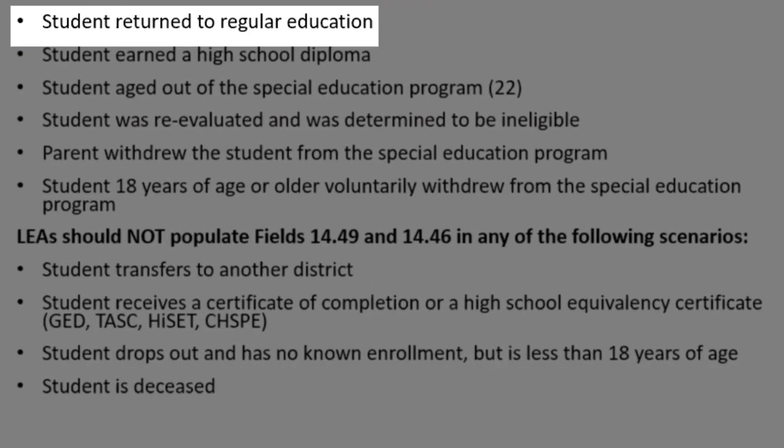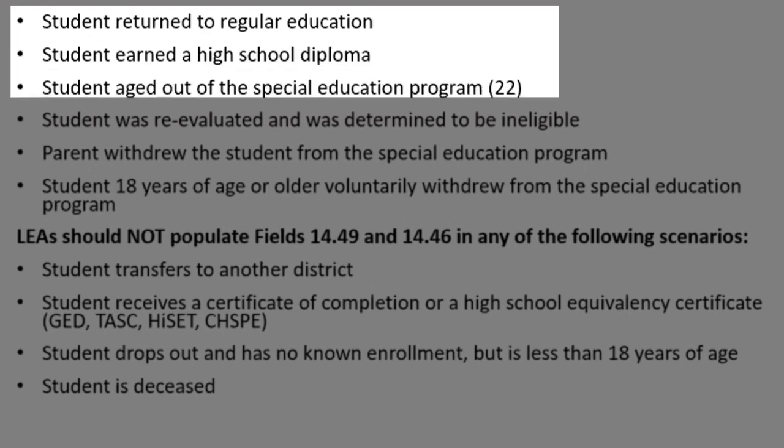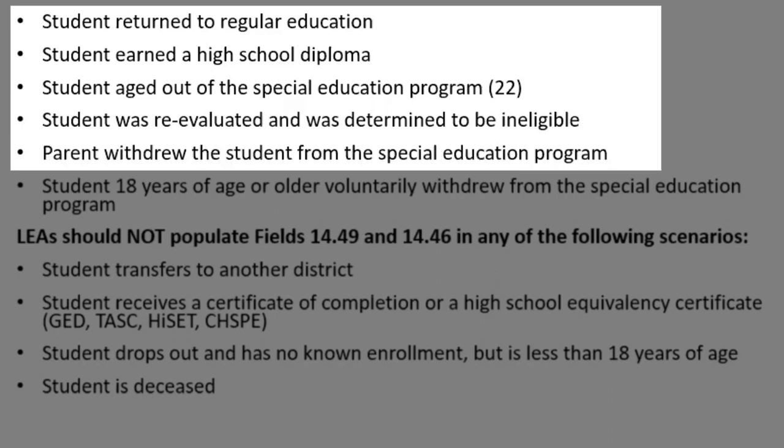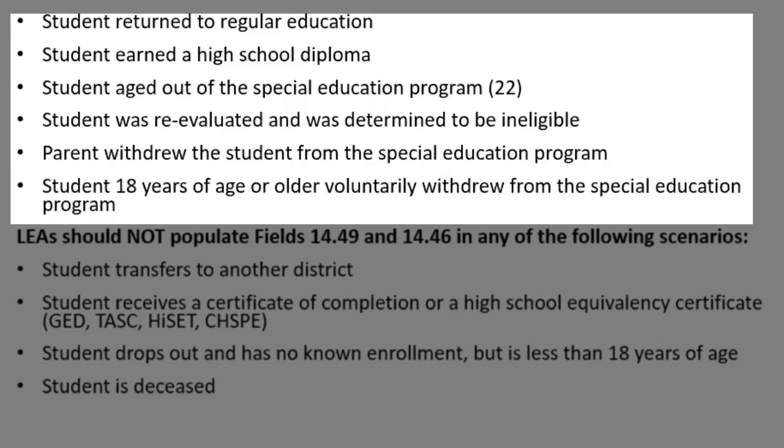A student has returned to regular education, earned a high school diploma, has aged out of special education at the age of 22, was reevaluated and determined to be ineligible, the parent withdrew the student from the special education program, or the student who is 18 years of age or older voluntarily withdrew from special education.